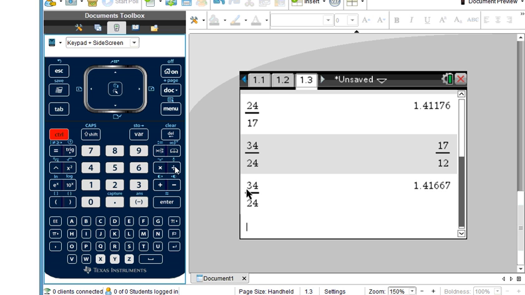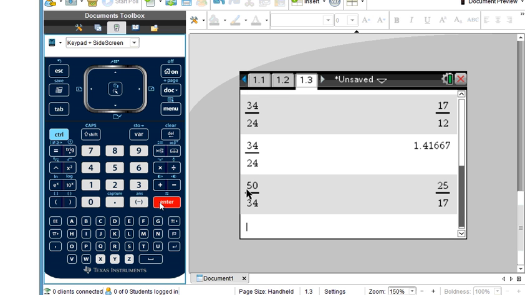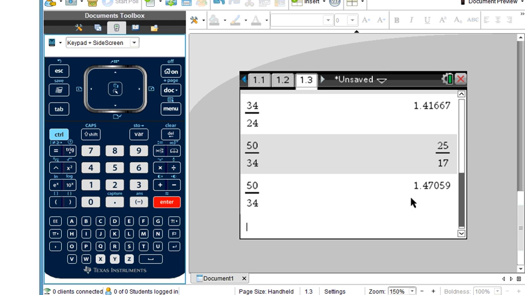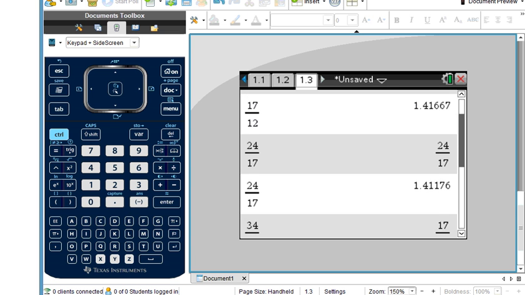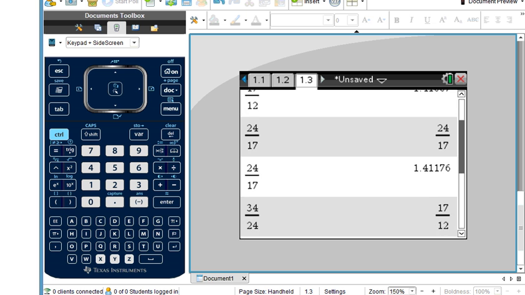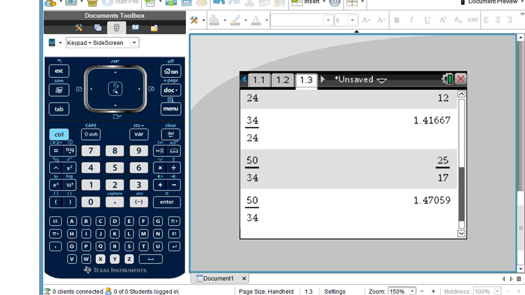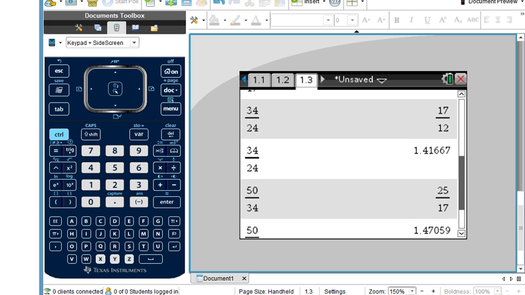And the last we're going to have is 50 divided by 34, and that's going to be decimalized into 1.47. So we start out at 1.5, 1.42, 1.41, 1.41. So if we use a mode, we're going to get about 1.42.